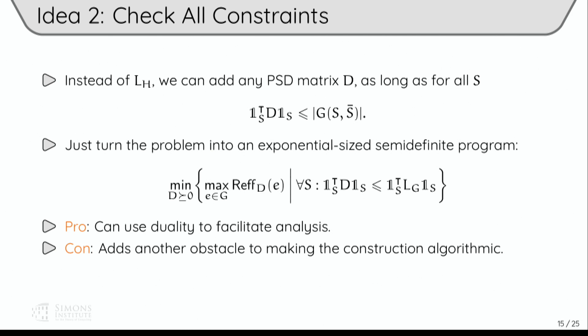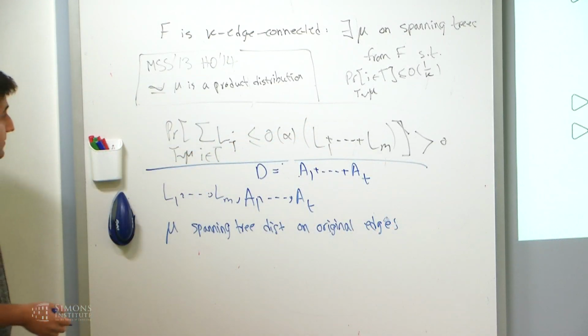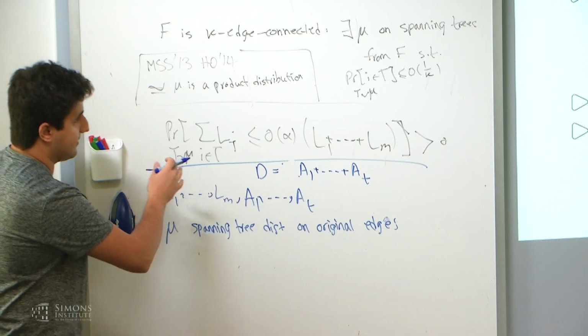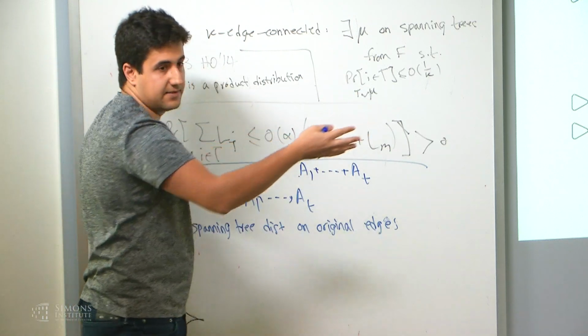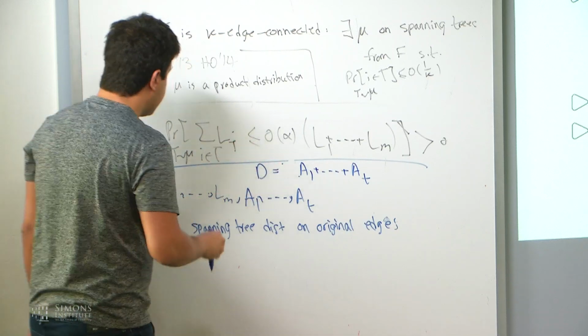Now you still let mu be the spanning tree distribution on the original edges, which is going to satisfy the fact that the probability of every element being selected in it is at most bounded by 1 over k.